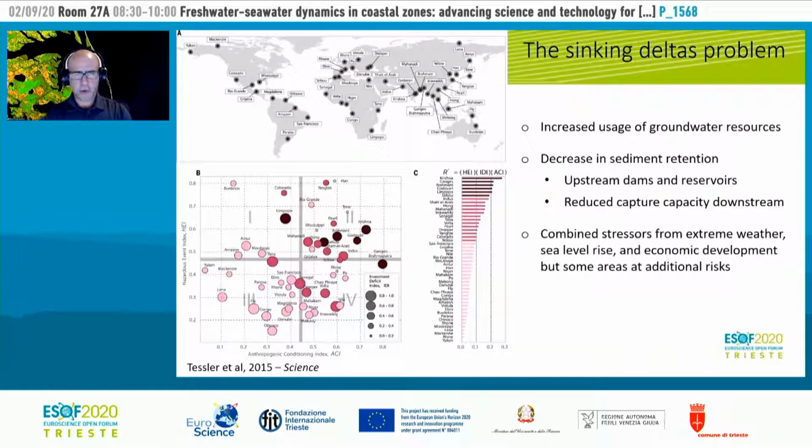So I showed a few examples in terms of these deltas and the land use changes that we see in these deltas in terms of the conversion that we see in these coastal wetlands. And in addition to those land use changes, there's also the sinking delta problem. For many years, and Ralph mentioned this, is the idea of subsidence.